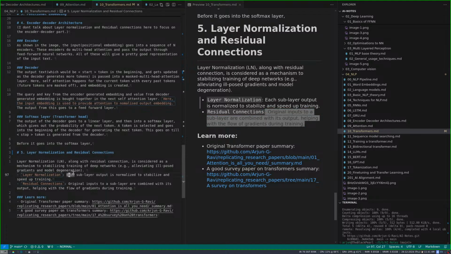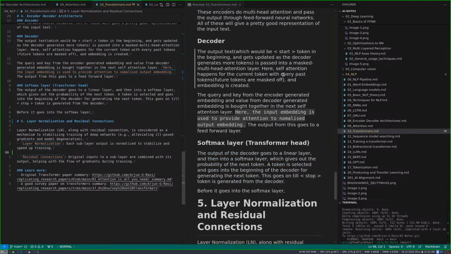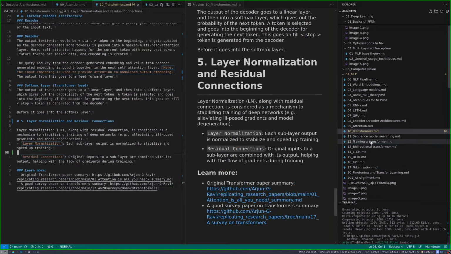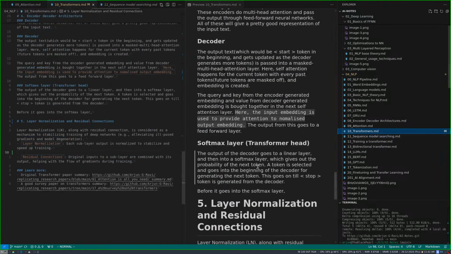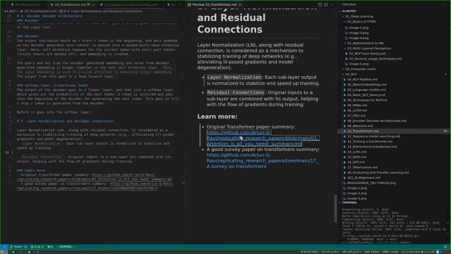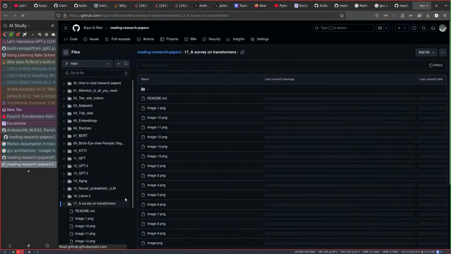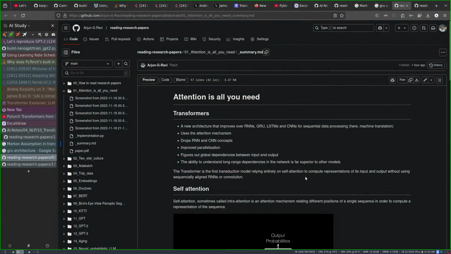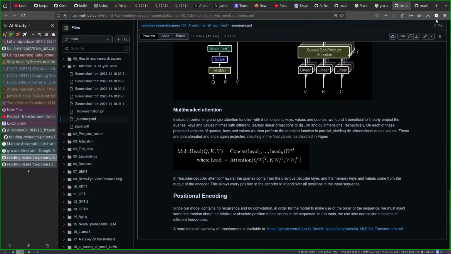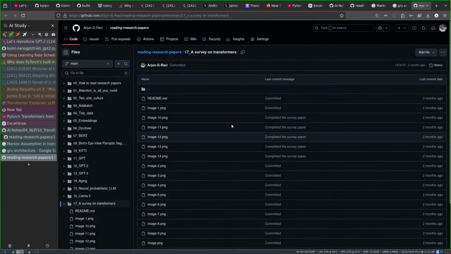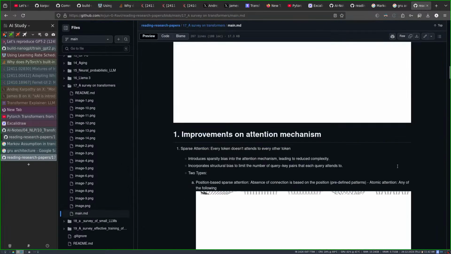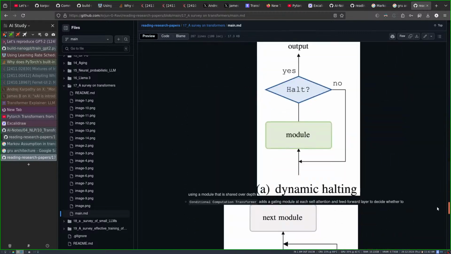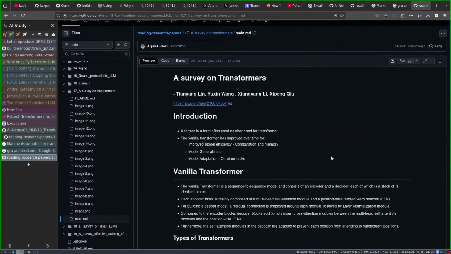Nice. Yeah, this is a paper. Oh yeah, I remember. This is a very good paper on transformers.